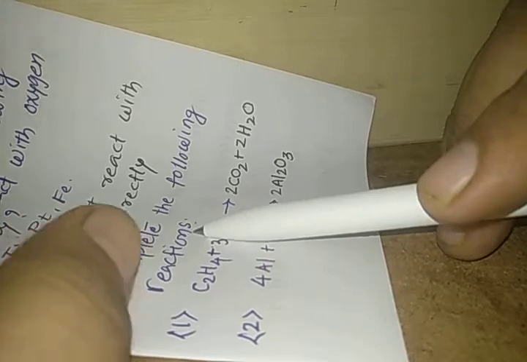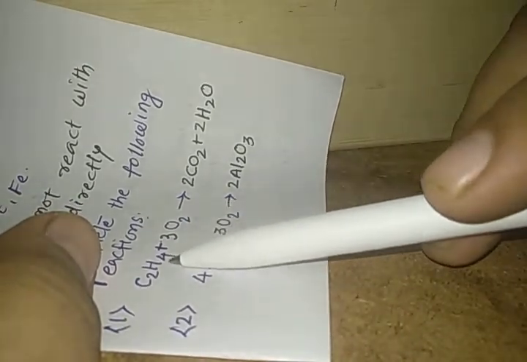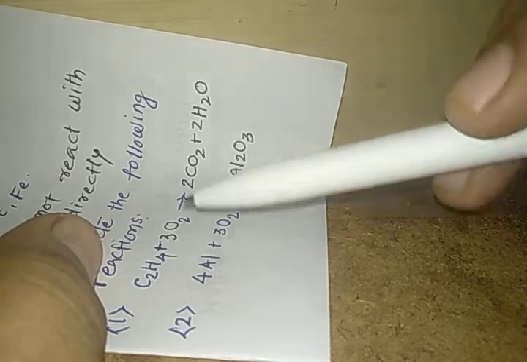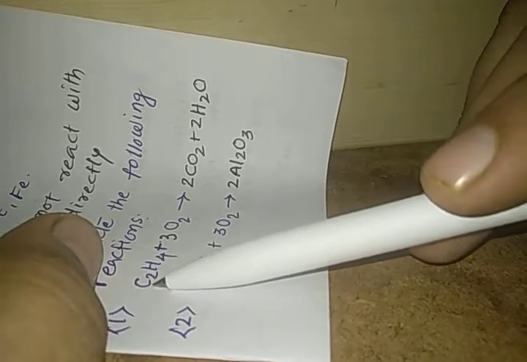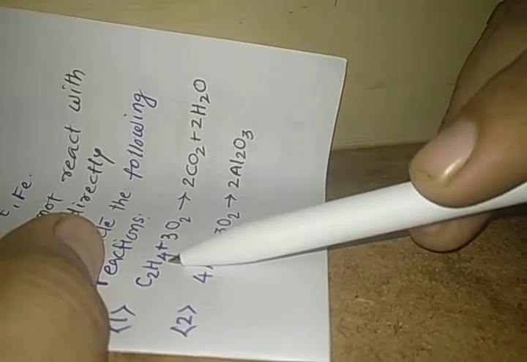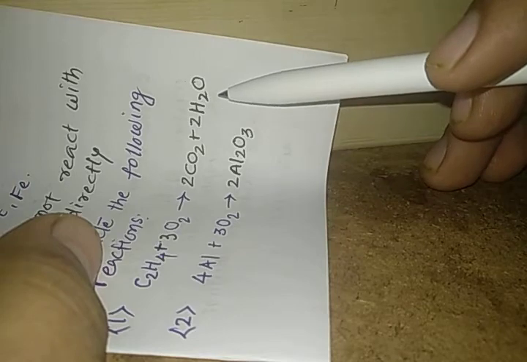Complete the following reactions. C2H4 plus 3O2. Remember, whenever a hydrocarbon reacts with oxygen, it is going to produce carbon dioxide and water vapor. Whatever the number of carbon atoms present, the same number of carbon dioxide molecules are produced. Whatever the number of hydrogen atoms present, half of that number of water molecules are produced.